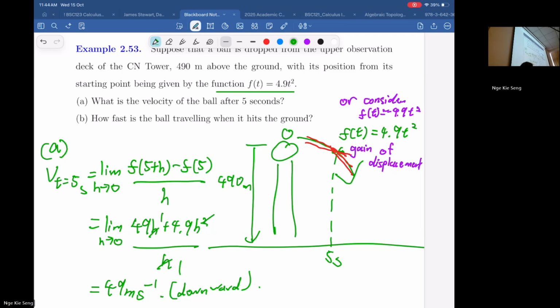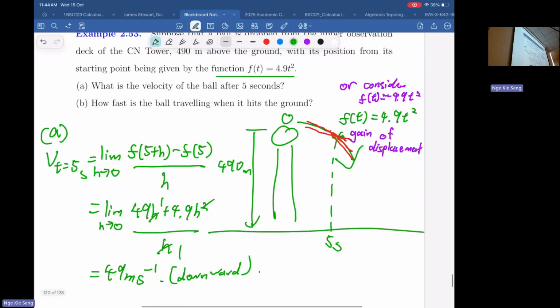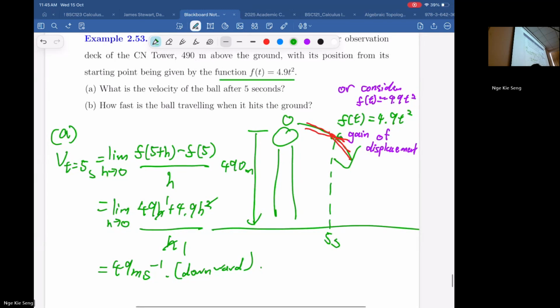And how fast is the ball traveling when it hits the ground? What do you think you should do? Good. First thing is you find out when it hits the ground. So what does it mean by hitting the ground? Your displacement is equal to the height, 490.